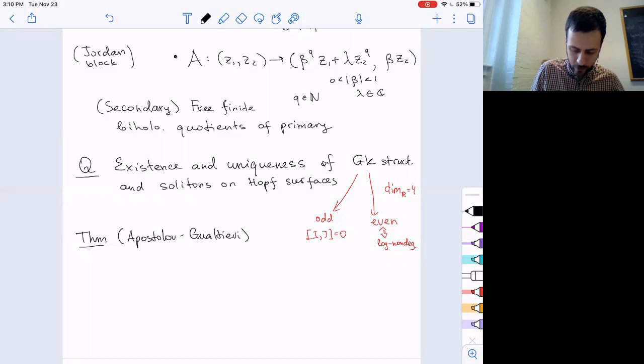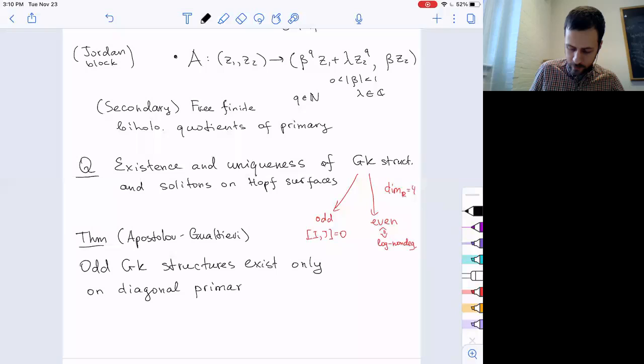So what they proved is that odd generalized scalar structures exist only on diagonal primary Hopf surfaces and their cyclic quotients, I mean specific cyclic quotients.